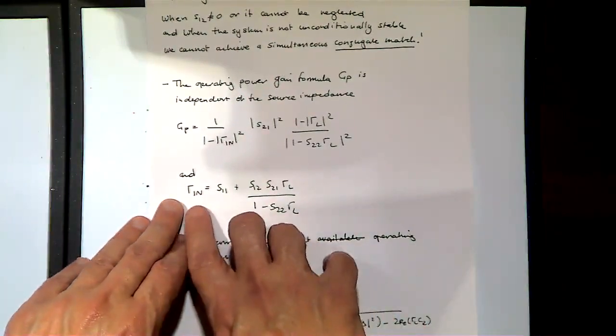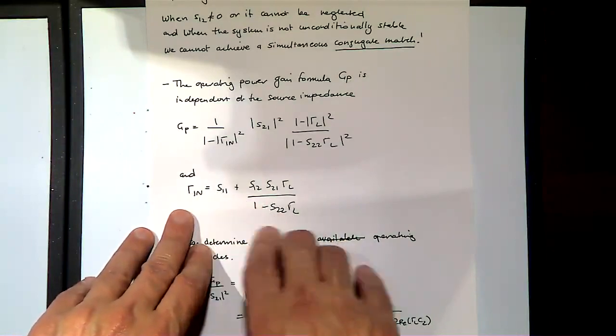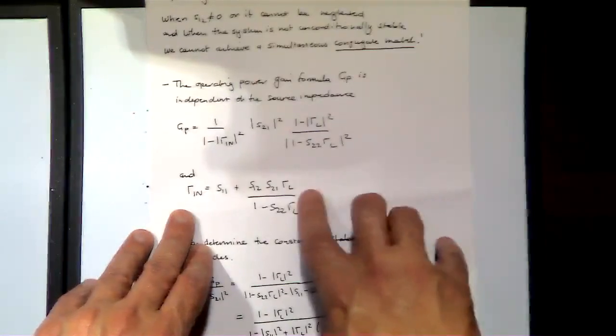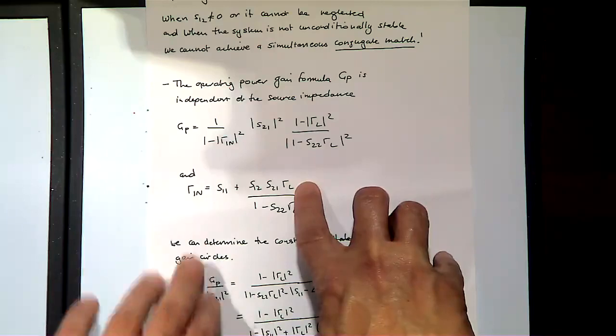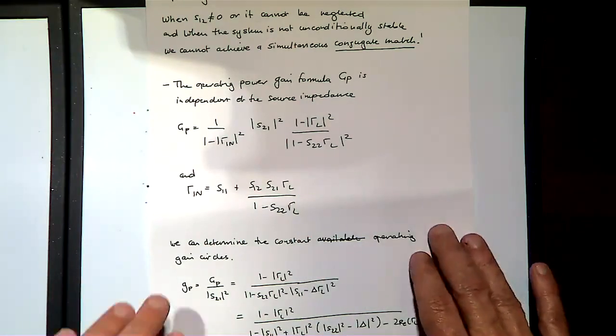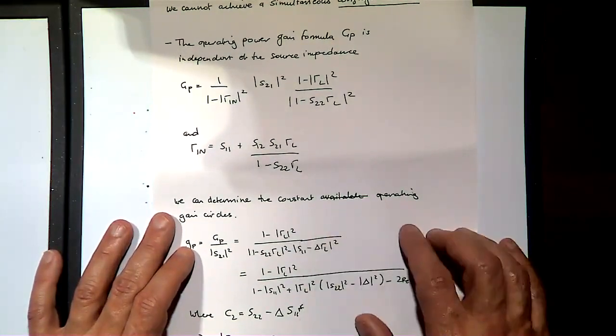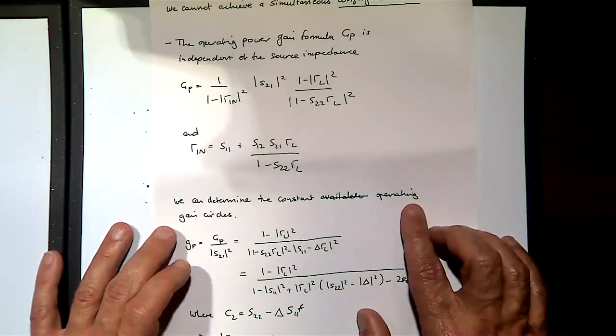And likewise, we know what gamma E, the input reflection coefficient, is in terms of the load reflection coefficient. So in order to move this forward, we define the constant operating gain circles.